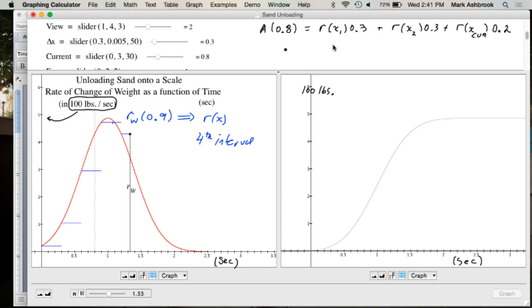So let's rewrite here. Just again, what would A of x be? Thinking about any value of x, how would we calculate the approximate net accumulation?